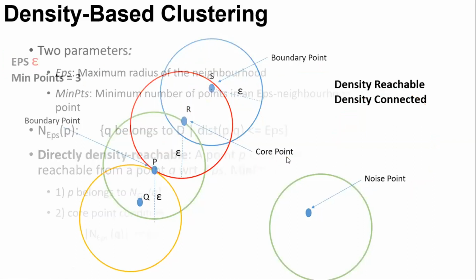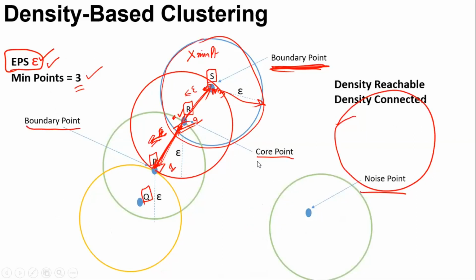Now take the case of this other point. Let us assume the circle of radius epsilon; I have not drawn it clearly. How many points do you have in this region? 0. What does it indicate?